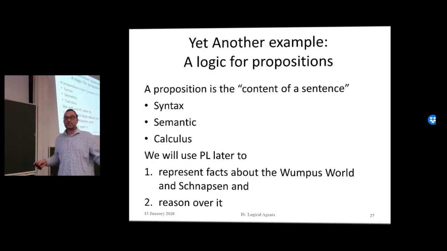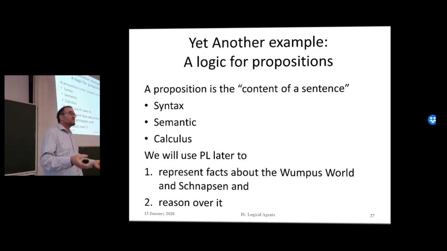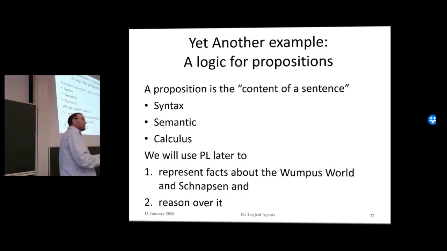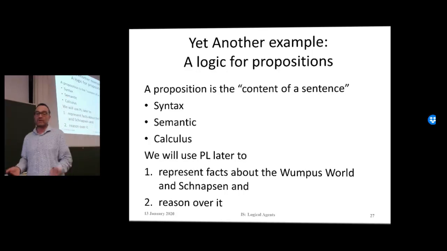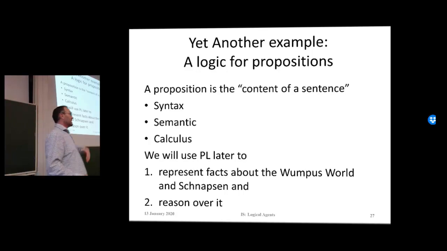So what is this formalism? We model propositions, so descriptions of statements of the world, where these statements that we are talking about and that we combine with some operators have the intended semantics of either being true or not. So a proposition is a statement about the world, a content of a sentence, which we always can say, okay, this is a true statement or it's a false statement.